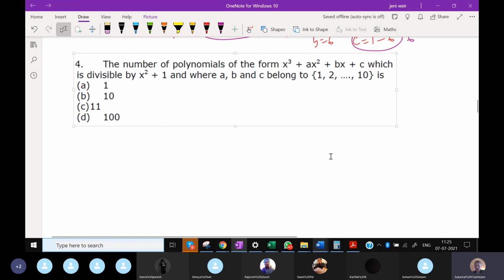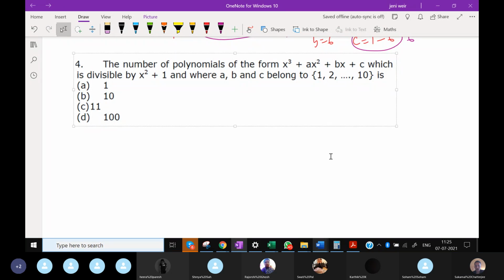The number of polynomials of the form x cubed plus ax squared plus bx plus c, which is divisible by x square plus 1, where a, b, and c belong to the set 1 to 10.